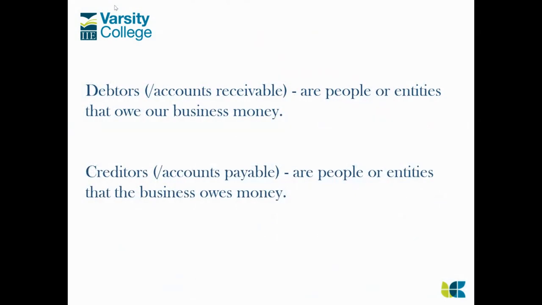So as we know, a debtor, or accounts receivable, which is what they typically term it in American accounting speak, are people or entities that owe our business money. This is obviously an asset to us because we're going to get an economic benefit from this.